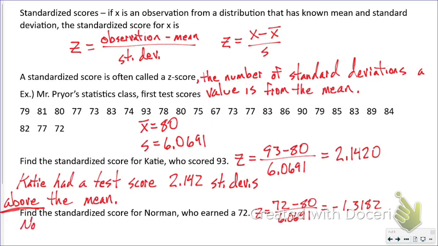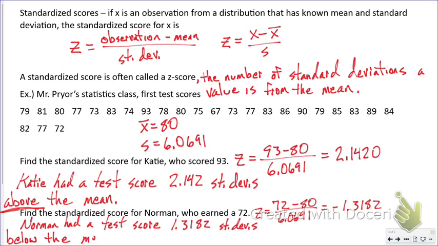Norman had a test score. I ignore, there's two ways to do this, I ignore the negative and I write 1.3182 standard deviations below the mean. I feel like that's the best way to say it.